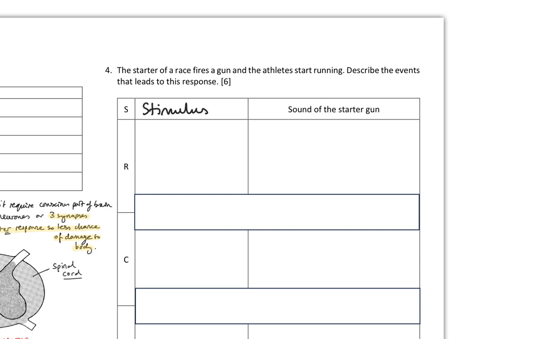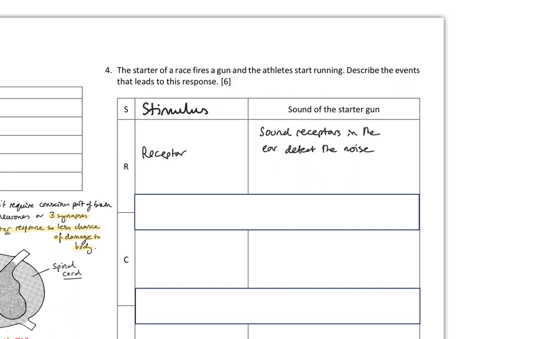Then the R is receptor. What receptor am I going to use to detect the sound of the gun? I'm going to say sound receptors in the ear detect the noise.